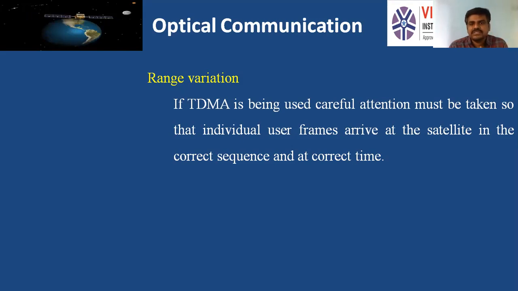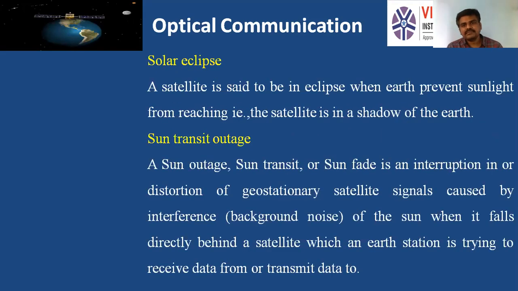Though there is a range variation, that is distance variation, all the packets need to reach the observer at the correct time and in the correct sequence. That is the desirable factor. So the range variation also affects the satellite communication system performance.